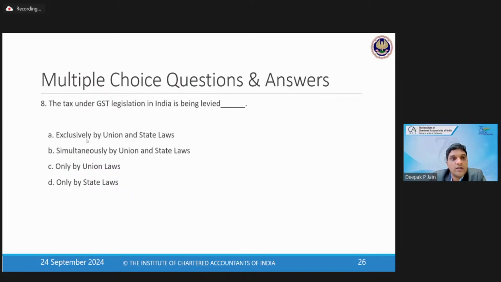MCQ number 8. The tax under GST registration is being levied simultaneously, exclusively, only by union or only by state?